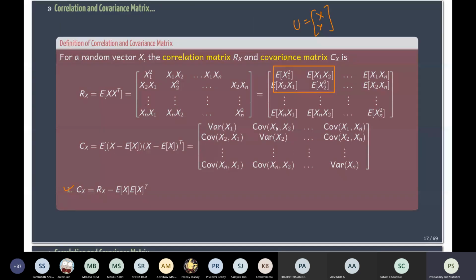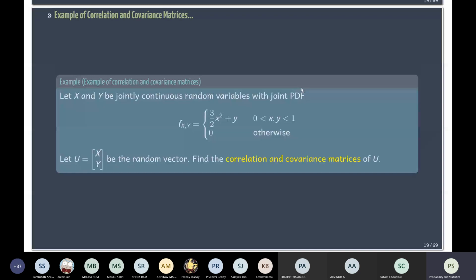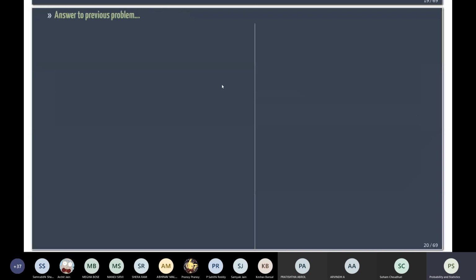I'm sorry, I have to go back. I need to compute expectations like this with respect to x1 squared, so I need the marginal with respect to x1, and I need the marginal with respect to x2 for this one. So the first step would be to compute the marginals.